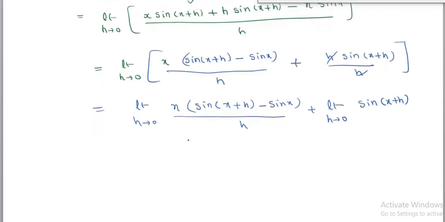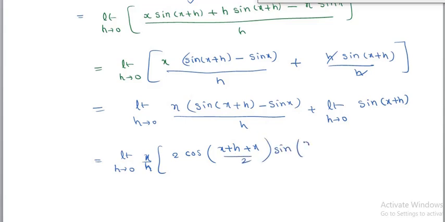Use the sin C minus sin D formula: sin C minus sin D equals 2 cos of (C plus D) by 2, sin of (C minus D) by 2, with C as x plus h and D as x, plus sin of x plus 0.